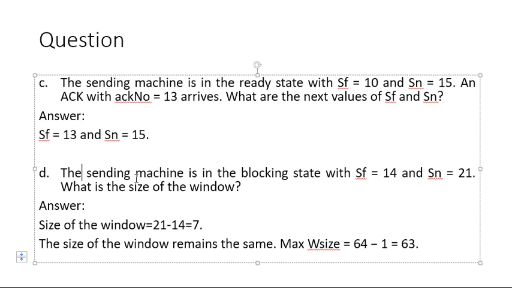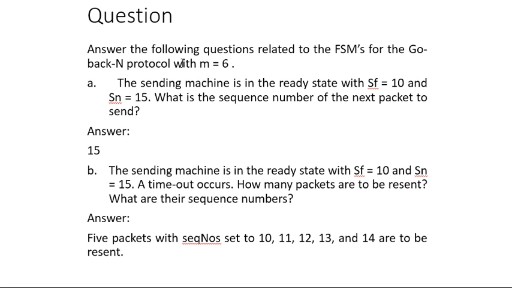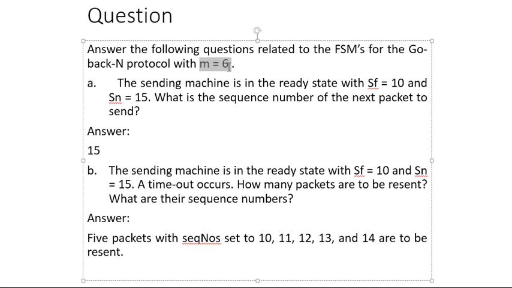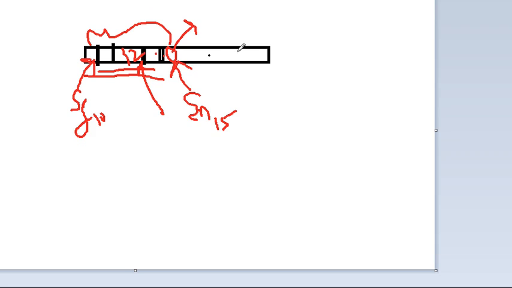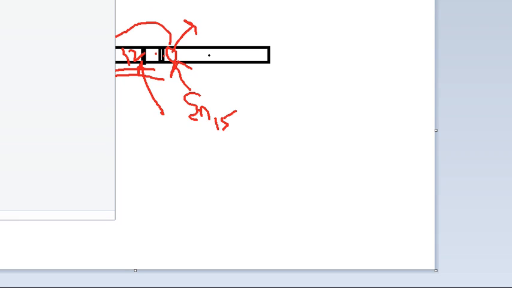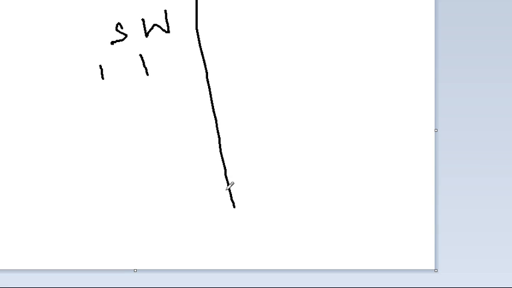Now the next question: the sending machine is in blocking state, SF is 14, SN is 21. What is the size of the window? The question says it's a Go-Back-N protocol with M equals 6. For stop and wait, sender window is 1 and receiver window is 1.